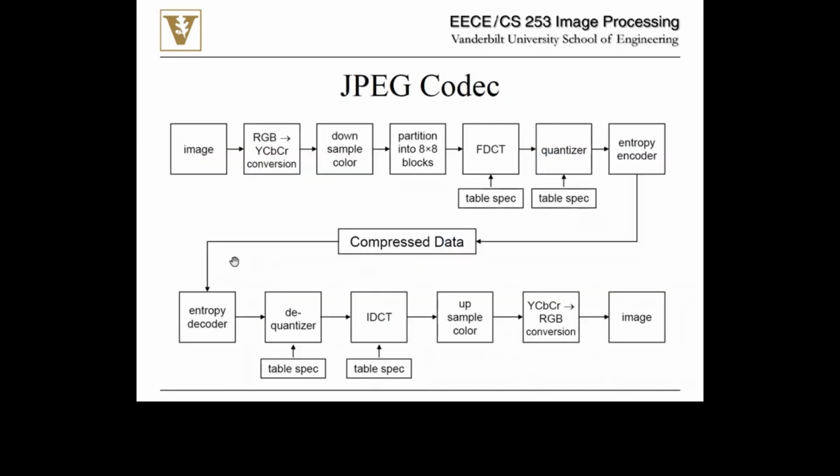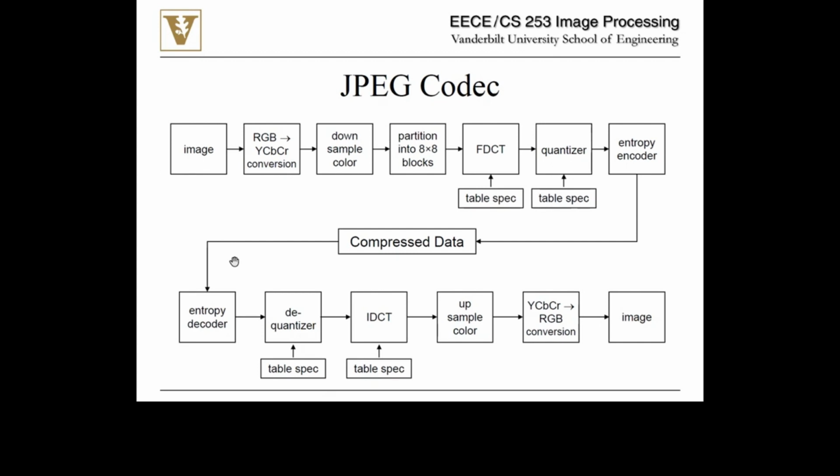And here you have the same diagram that I drew, but now more explicit. All this is the encoder, all this is the decoder. In the encoder, you do some operations. For instance, you have an image, you convert it from RGB to a luminance and chrominance code, then you downsample the color, you partition it into 8x8 blocks, and so on.